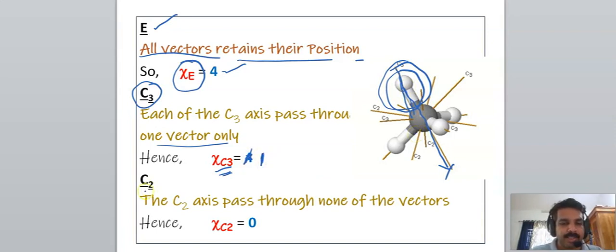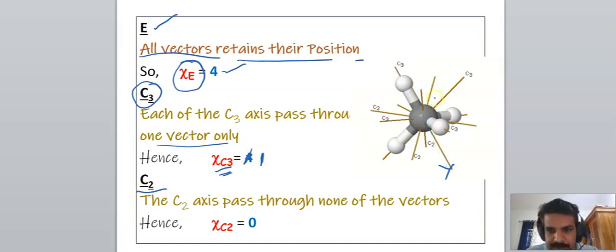And C2. This is the C2 axis. You can see here, these are also C2 axes. This C2 axis passes through none of the vectors, therefore during the C2 operation all the vectors change their position.